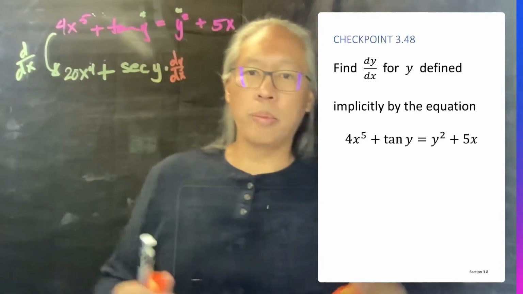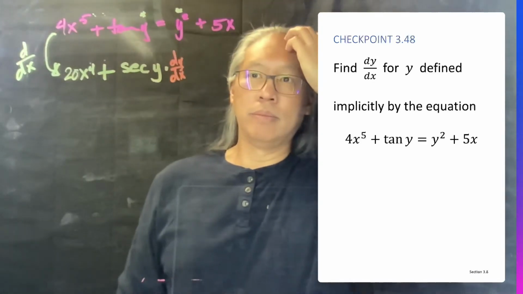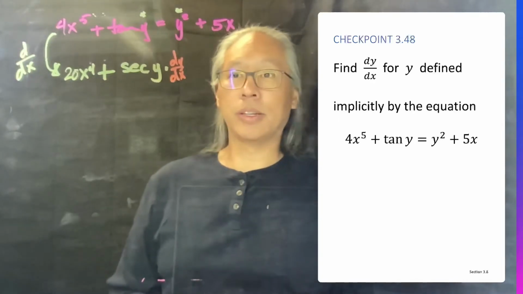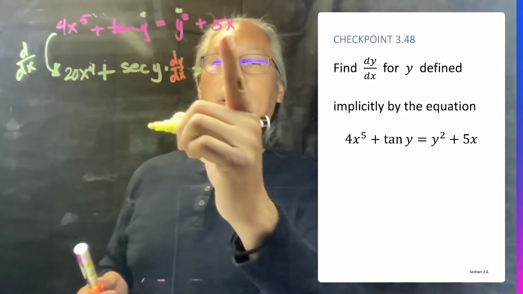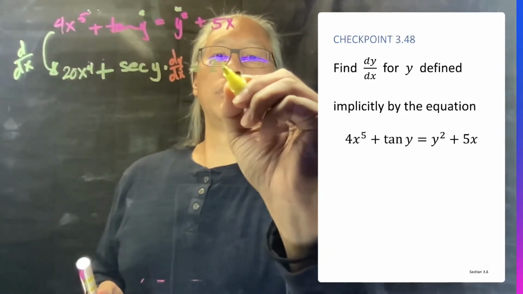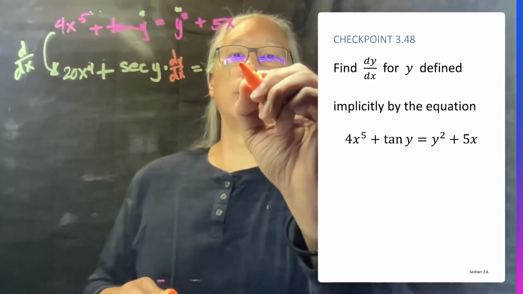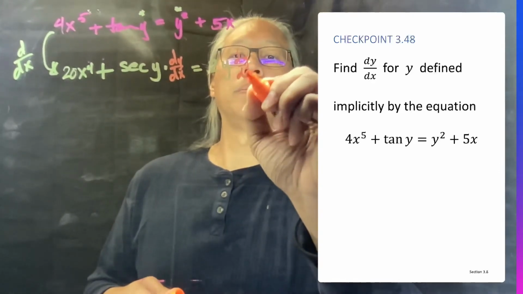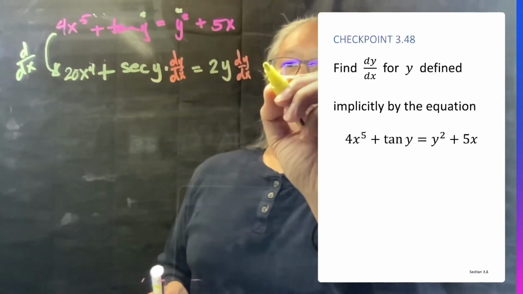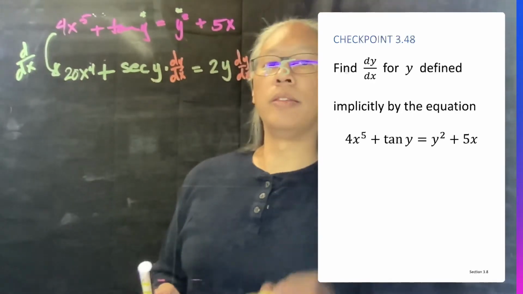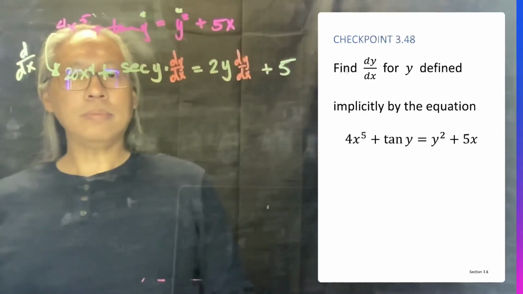Some people use y prime, but y prime sometimes looks a lot like the regular y, so let's keep that separate. And then the right hand side is going to be 2y times, again, the derivative of y, so that's dy/dx. And then the derivative of 5x is just going to be 5, so we'll add on a 5 there. All right, there we go.